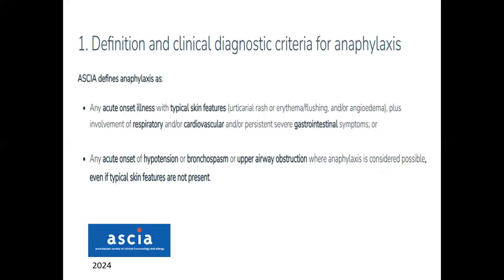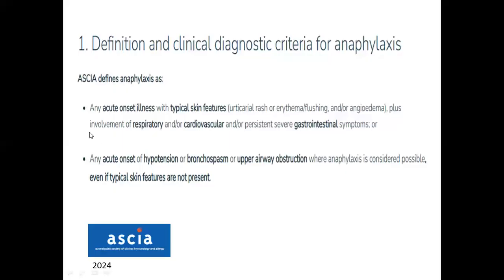So what is the definition? How do you diagnose anaphylaxis clinically? The most recent definition I came across is in the Australian guidelines, the Australasian Society of Clinical Immunology and Allergy, 2024 guideline. The definition has two parts.